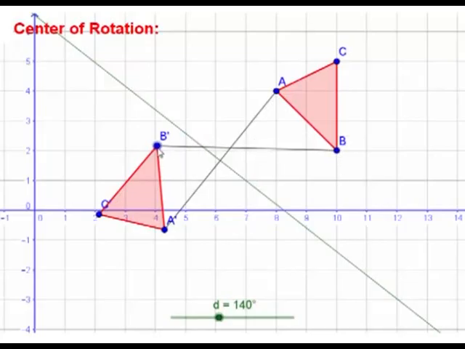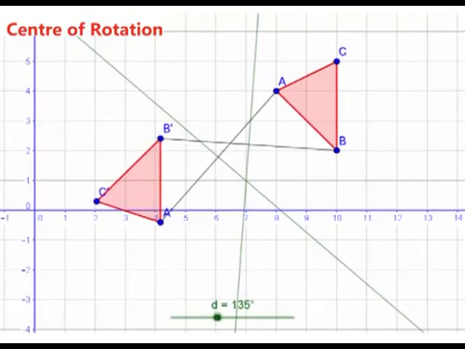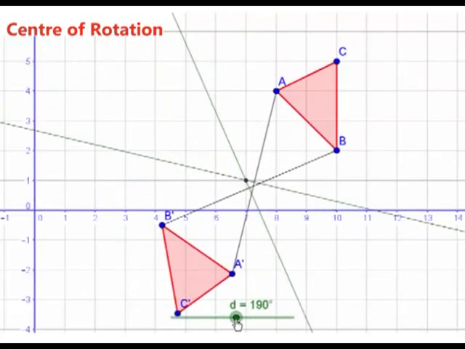Find the perpendicular bisector, and where the 2 bisectors meet is the center of rotation. In this case, it is at (7, 1). And you see, if you rotate the shape, that point doesn't move. I love this part.